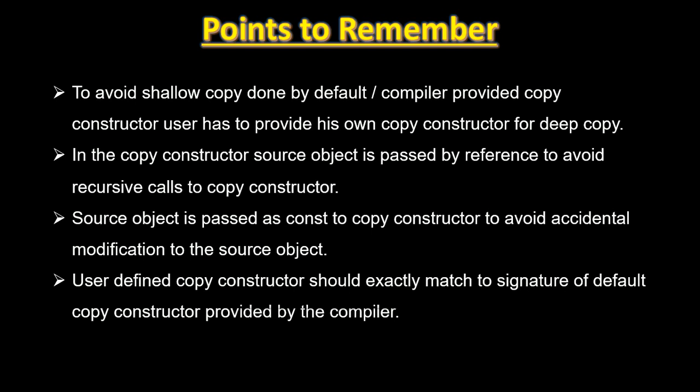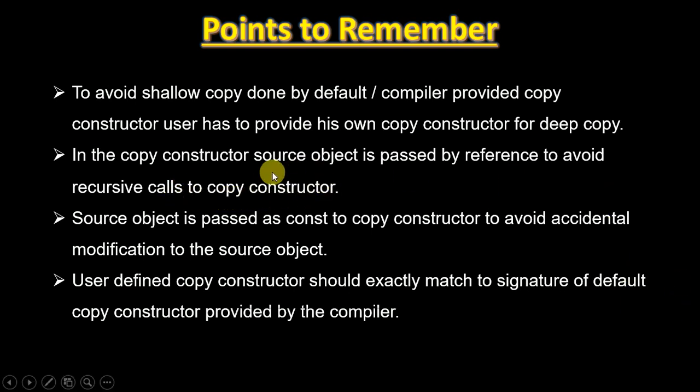So the points to remember for today's session are: to avoid shallow copy done by the default or compiler provided copy constructor, the user has to provide his own copy constructor for deep copy. In the copy constructor, the source object is passed by reference to avoid recursive calls to the copy constructor.